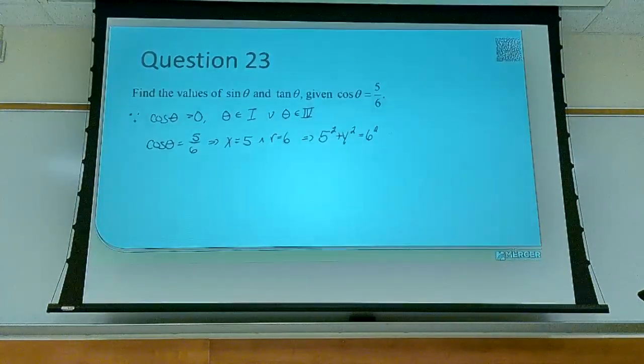And then you'll just have everything. 36 minus 25. 11. Y squared is 11. Square root of 11. Nope. Absolute value of y has to be square root of 11, because we don't know what quadrant we're in. So we don't know if y is positive or negative.